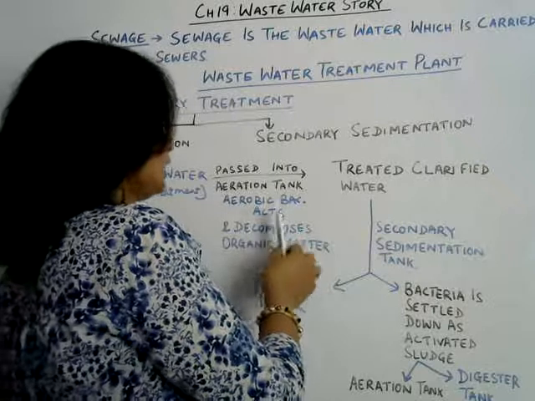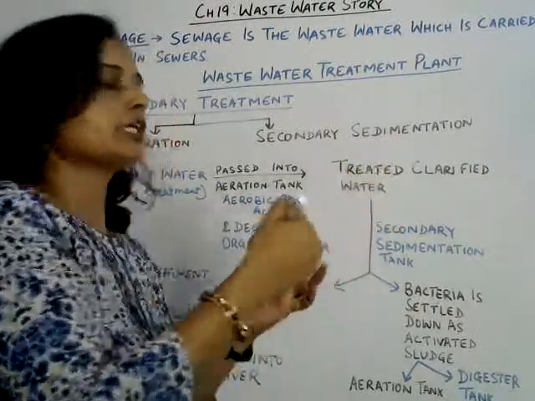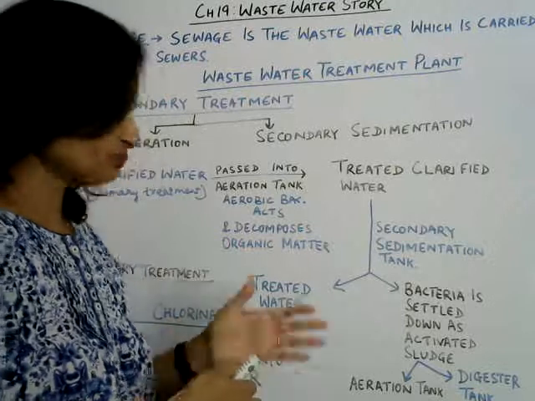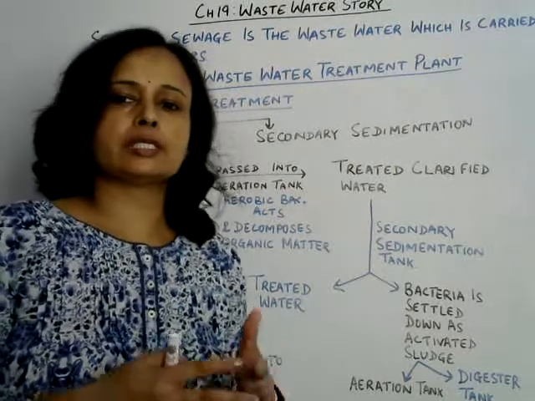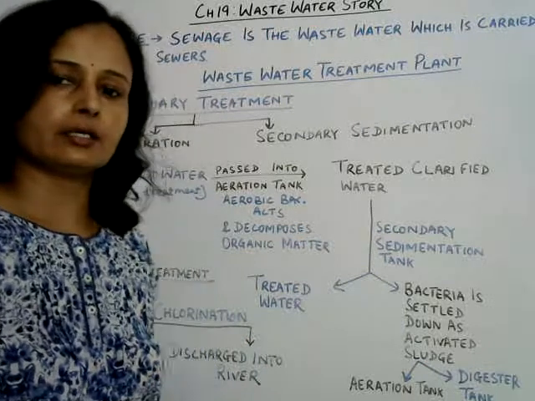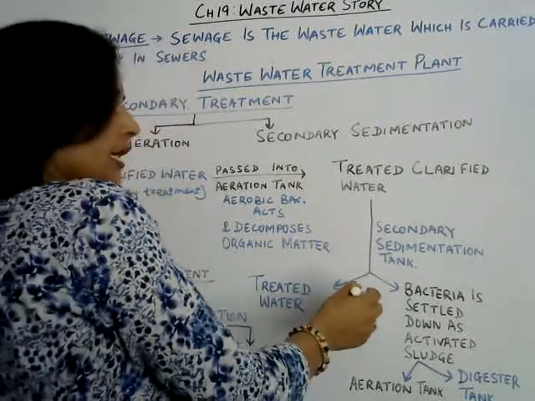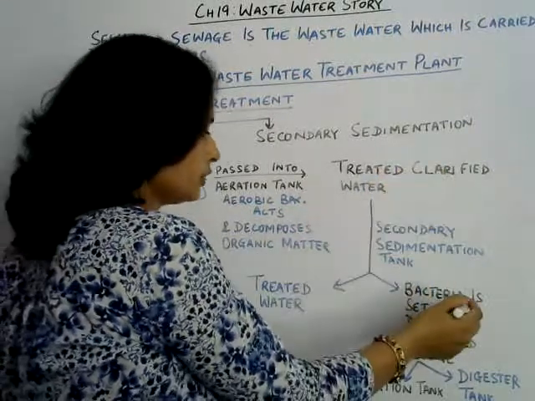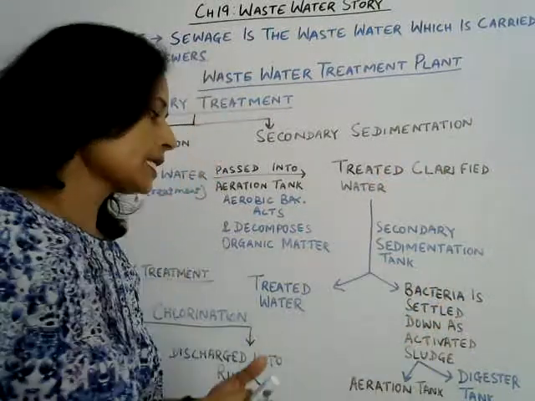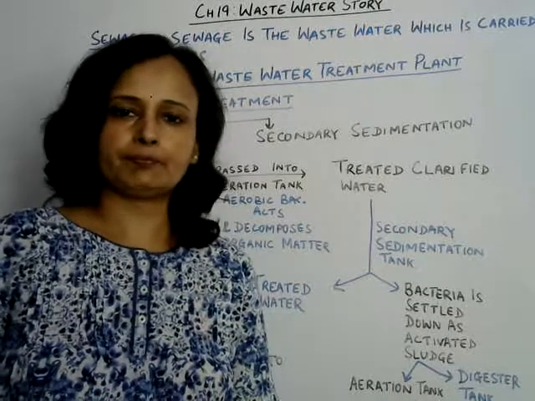Okay. Then after treatment by the aerobic bacteria, the treated clarified water goes to the next tank, called the secondary sedimentation tank. In the secondary sedimentation tank, the bacteria found in the clarified water settle down as activated sludge at the bottom of the tank.